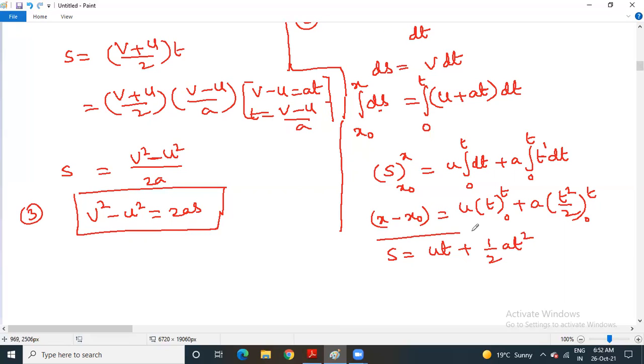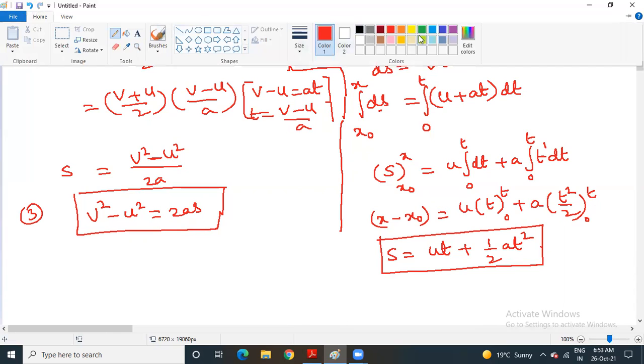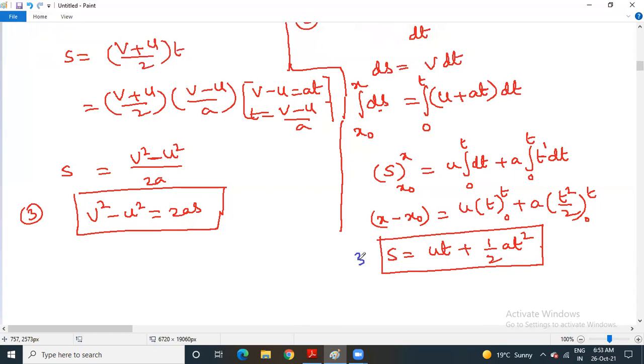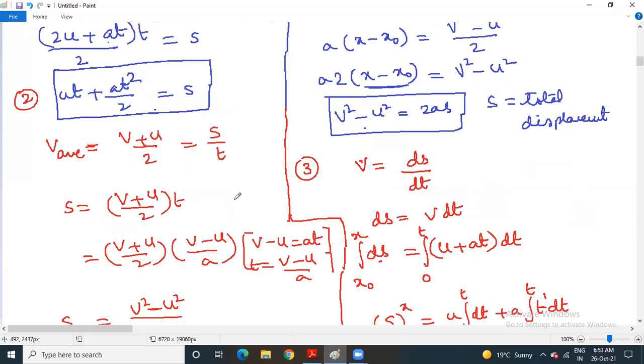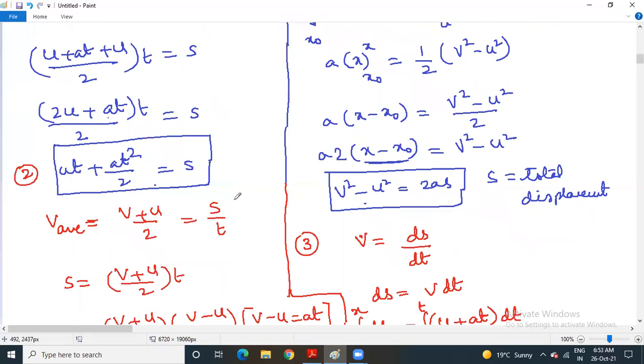So this is by the integration method. Now in the integration method, you treat this as the third equation in the general method, and in the integration method you treat this as the second equation, while in the general method you treat this as the second equation. So it's not a problem.